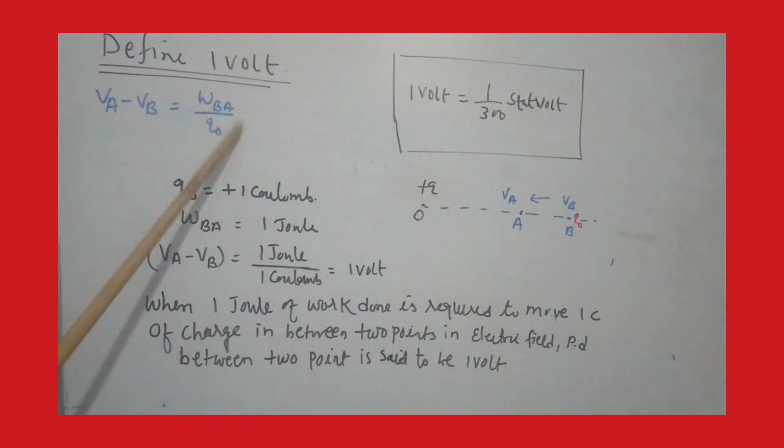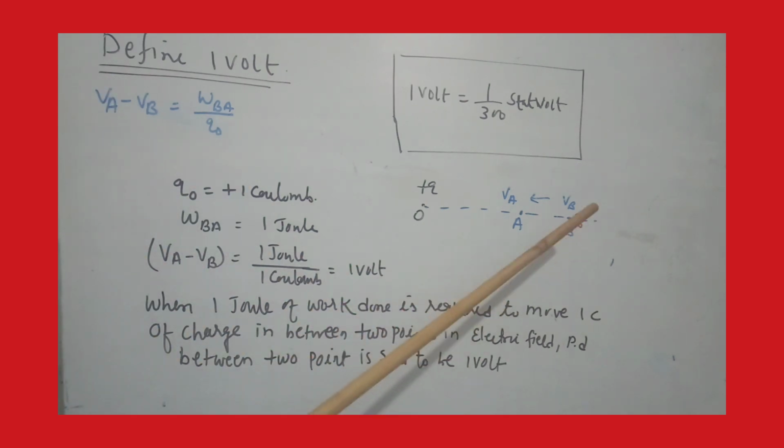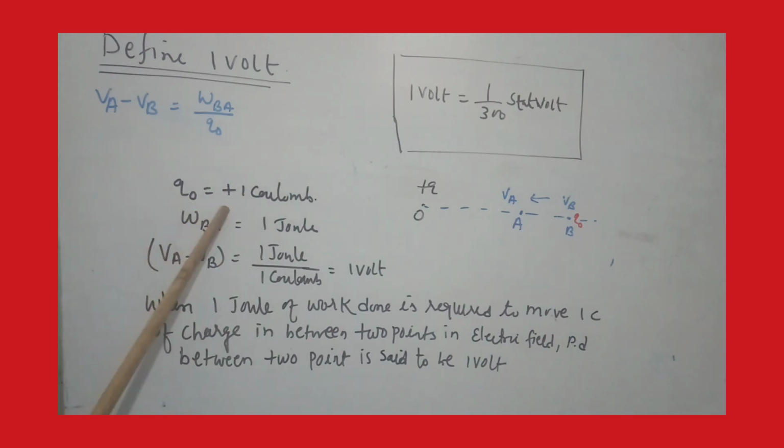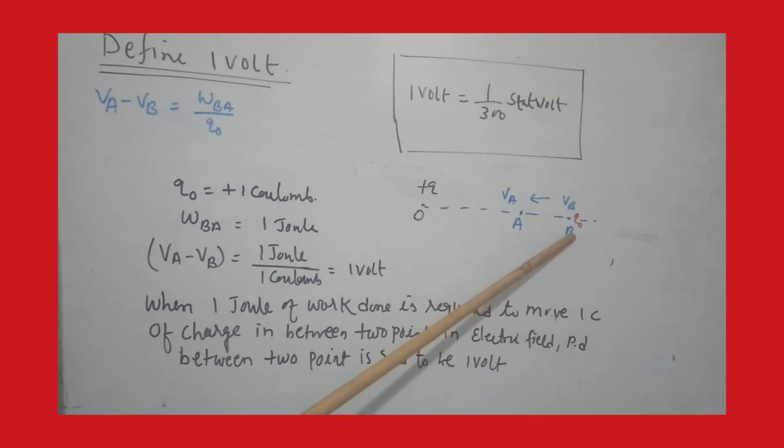So this ratio is called potential difference. Suppose Q naught is equal to 1 coulomb charge and WBA is equal to 1 joule. It means when 1 coulomb of charge is moving from point B to point A, we require 1 joule of work done. Keep in mind, here charge is moving with constant velocity.